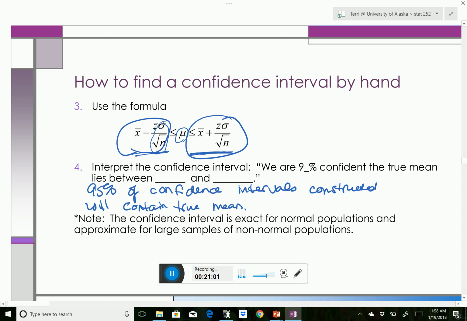But the problem with this is it doesn't really conclude anything about the actual subject that we're talking about, and a lot of times I put units on the first one. It's more of an interpretation of a confidence interval. So, like I said, the confidence interval is exact for normal populations and approximate for large samples of non-normal populations. So something we have to be very careful about.